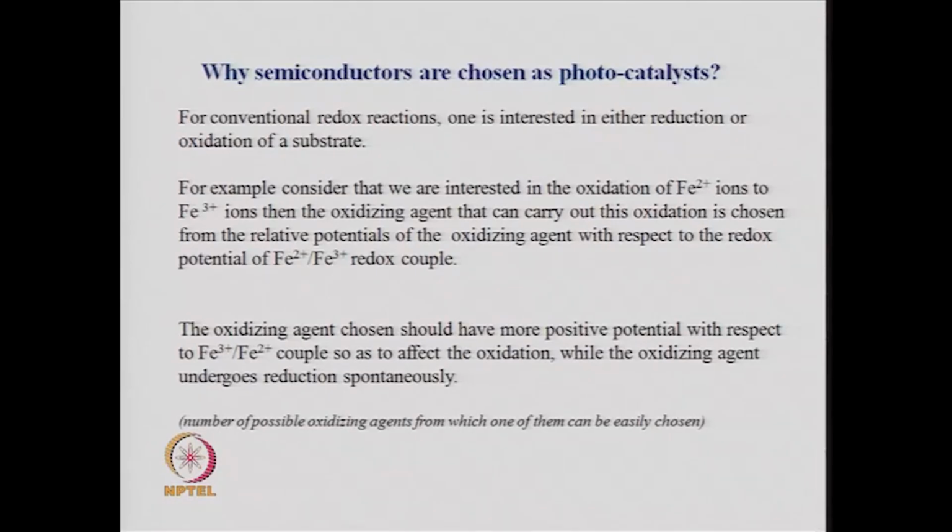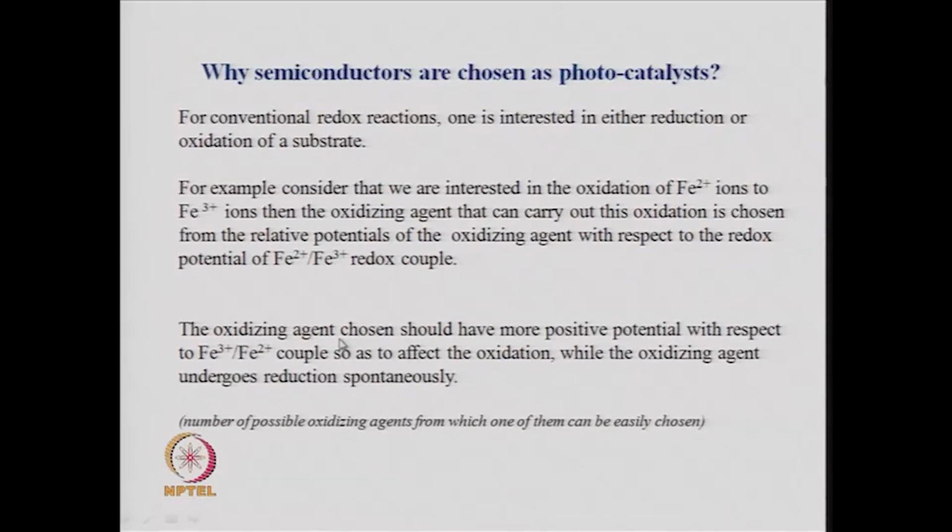Now, if you consider the oxidation of Fe2+ to Fe3+, then you can use an oxidizing agent to carry out this oxidation. To find a good oxidizing agent, you have to look at the relative potentials of the oxidizing agent with respect to the redox potential of the Fe2+/Fe3+ couple.